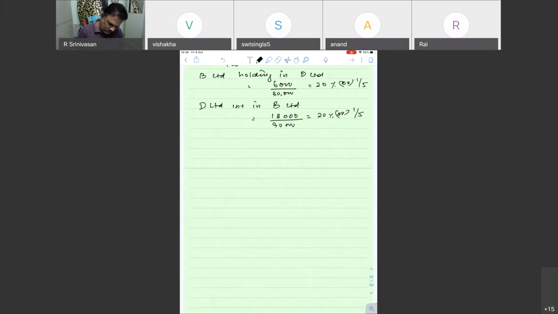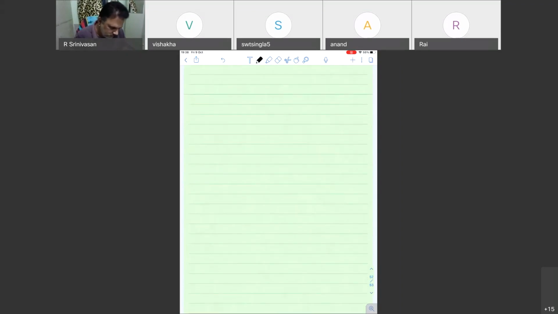Okay. So now we are going for calculation of net asset of both the companies. X is 91 lakh 80,000 plus 20% in the other company.